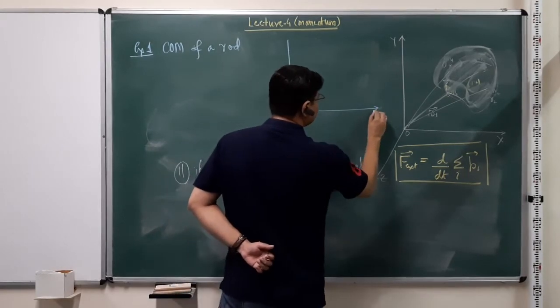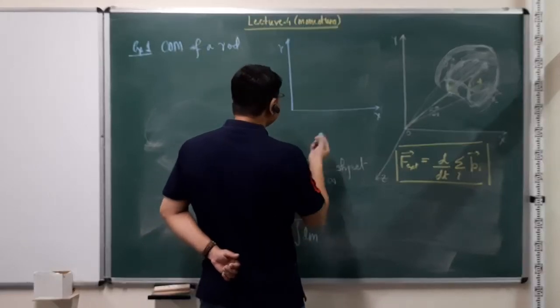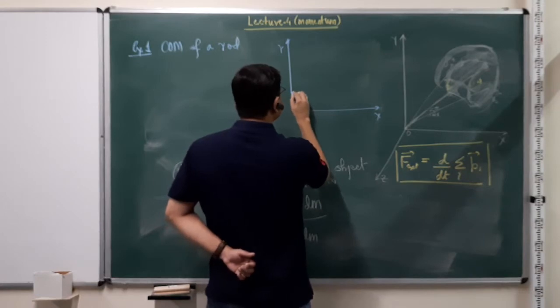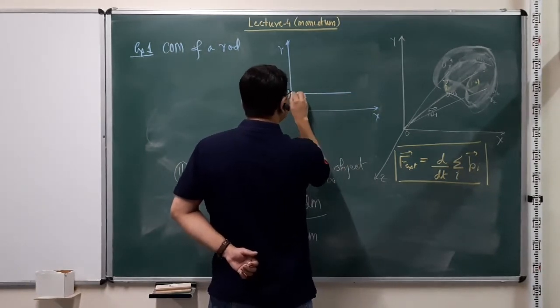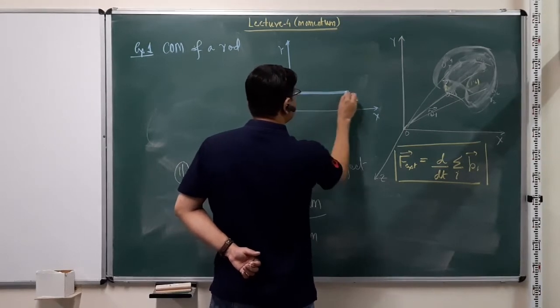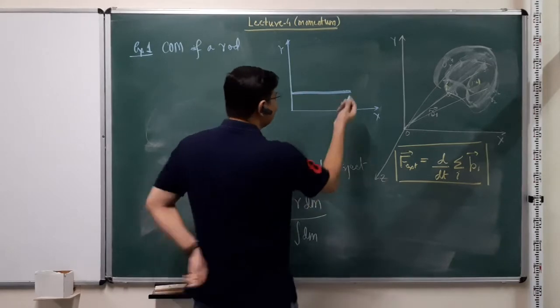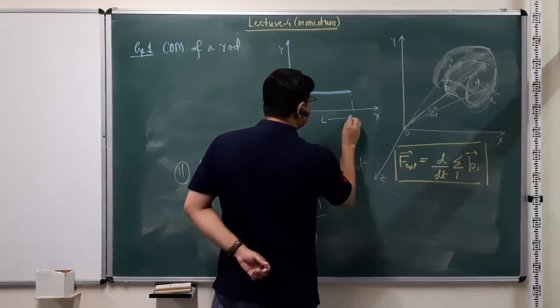So again, let us say this is my X, this is my Y. I am starting with a rod because what it means is that effectively my problem becomes a one-dimensional problem. So let's say this is my rod, and it's perfectly symmetric in the other Y and Z directions, a thin rod. So all I am concerned with is the length of the rod.